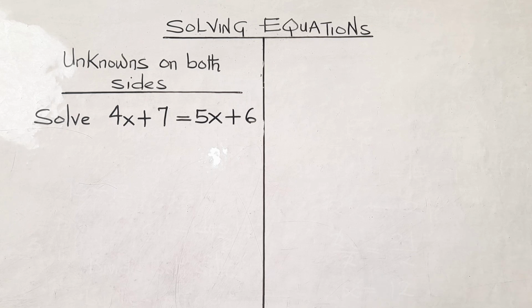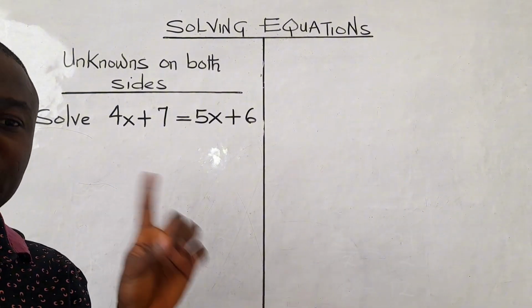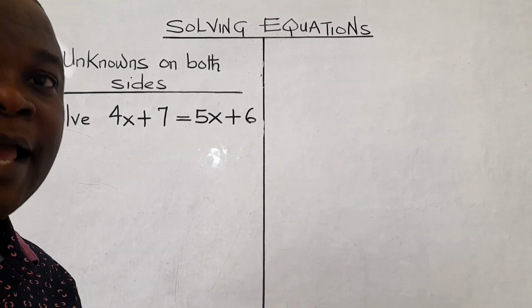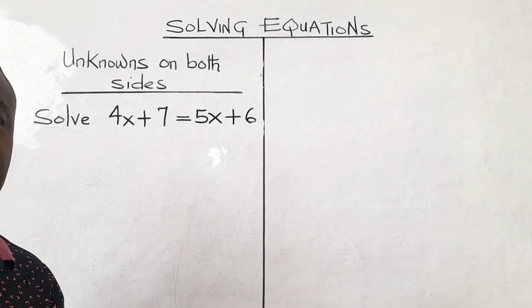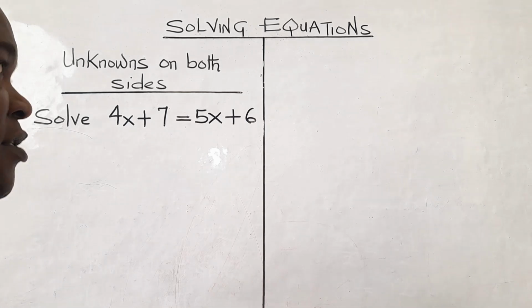What if you have unknowns on both sides? You have two or more unknowns, and on both sides. What do you do? In solving this, you bring up a rule, which is you collect like terms.